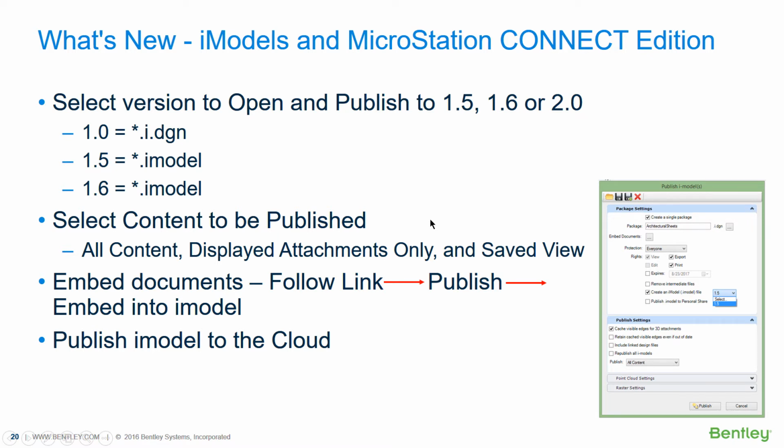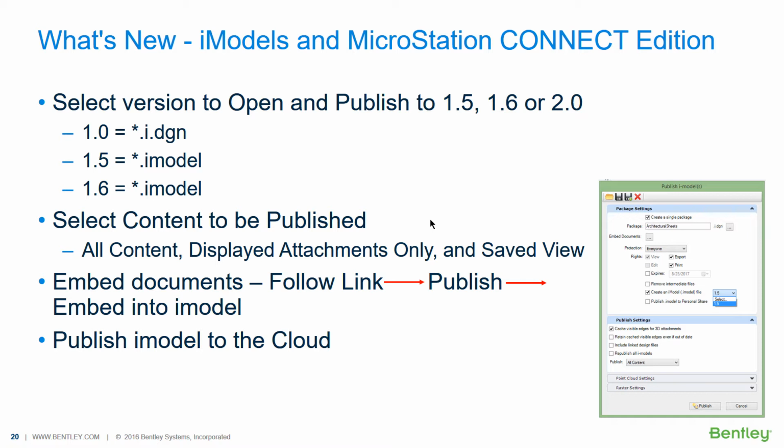Something else that we added for iModels in MicroStation Connect Edition is the ability to select the content to be published. So you can choose to publish all content, displayed, reference attachments, raster attachments, or publish just a saved view, which is very nice. You can also do embedding of documents. So if you have a link to a PDF, a link to a JPEG, a link to a Word document or Excel spreadsheet, you'll follow those links, it'll grab and publish that information, and then embed those Word documents, those JPEGs, those PDFs into your iModel.